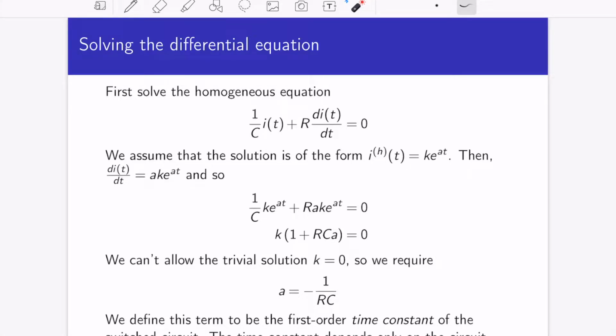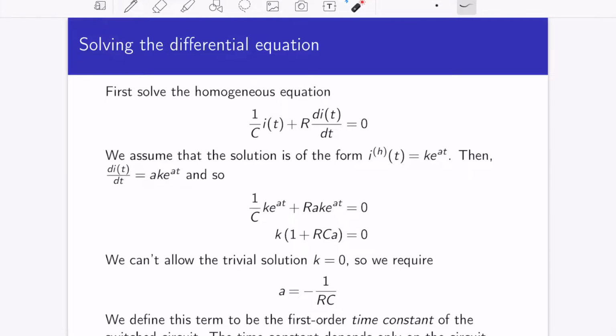Now that we have the equation, we can solve it. This is again solving differential equations. We can solve the homogeneous part first, and we assume the function will be of the form k e to the at, so di/dt will be equal to a k times e to the at, just using plain old calculus.